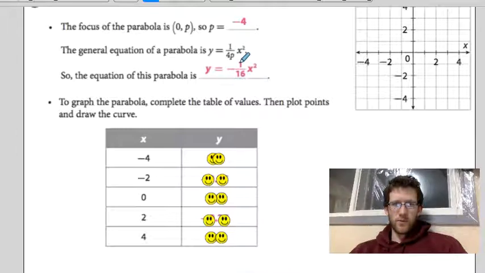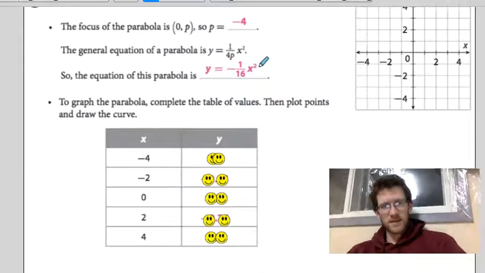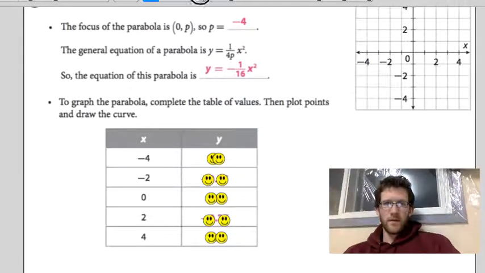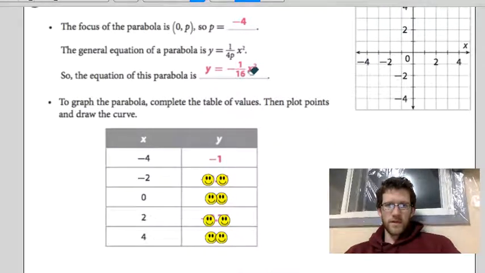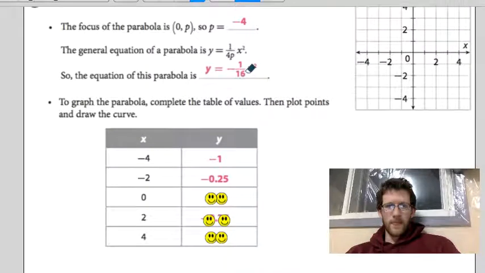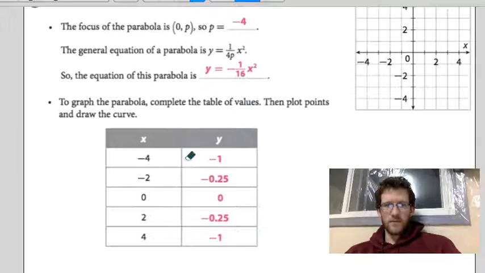What is -1/16 times 16? Well, it's -1. We can do the same thing for -2. -2 squared is 4. What is -1/16 times 4? That's -1/4. 0 is going to be 0, and then 2 is going to be the exact same thing as -2, right? The negative disappeared immediately. So we got the same values for 2 and -2 there.